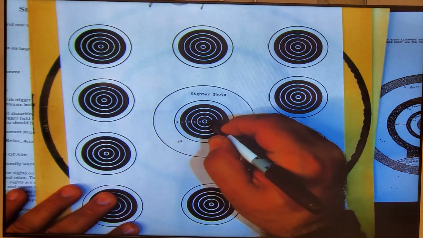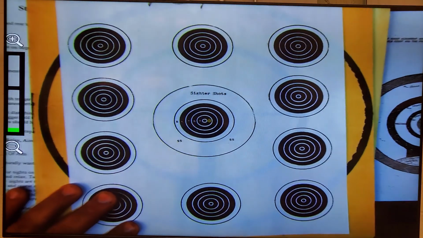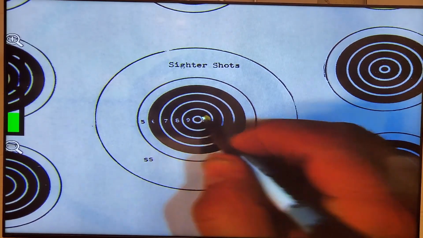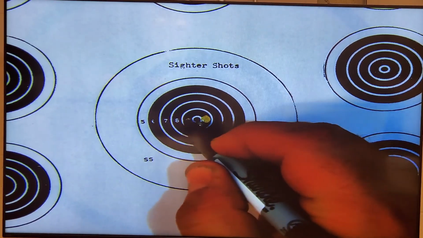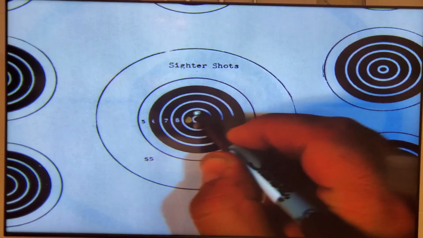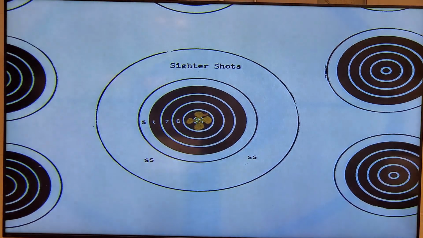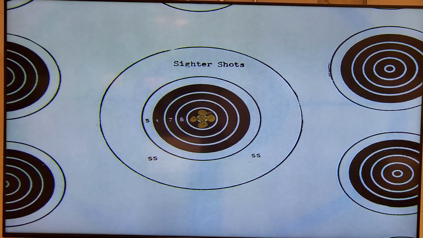So if your bullet hole just barely nicks that 10 ring, that's still a 10. If I just barely touch the 10 ring all the way around, every time I do that, that is a 10. I don't have to center punch that to make a 10. All I have to do is nick it every time. So that makes this a little easier. It's not quite as difficult as it looked initially.